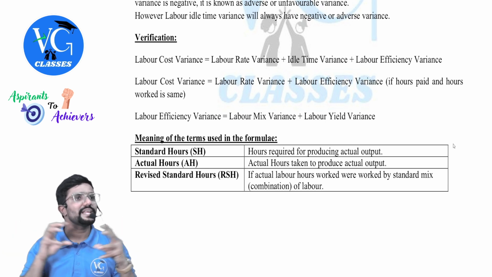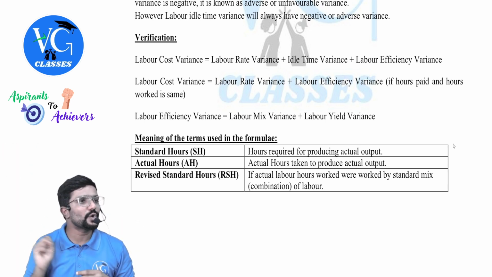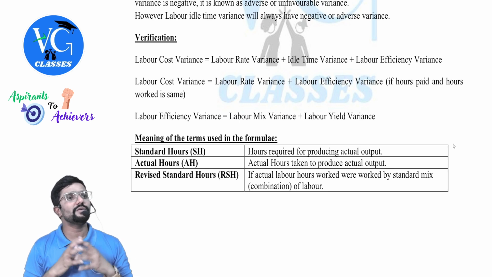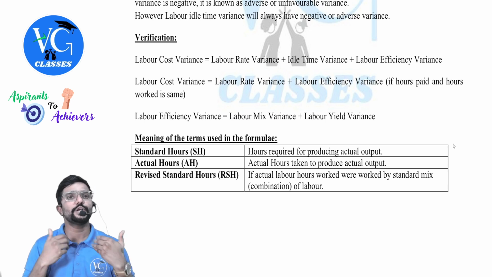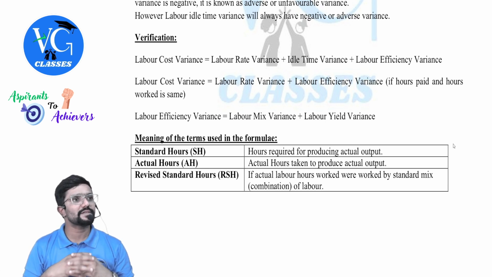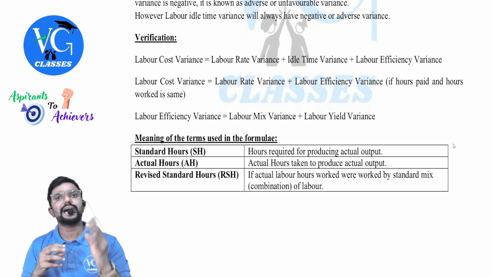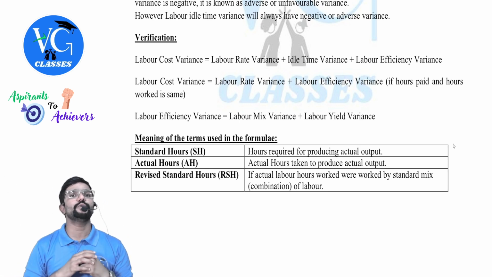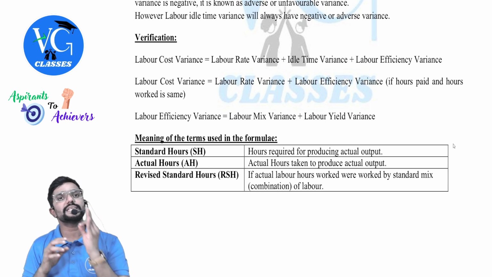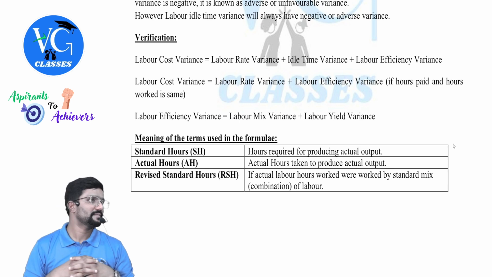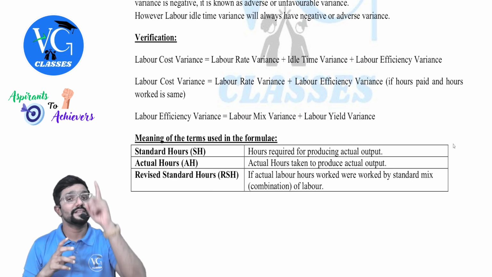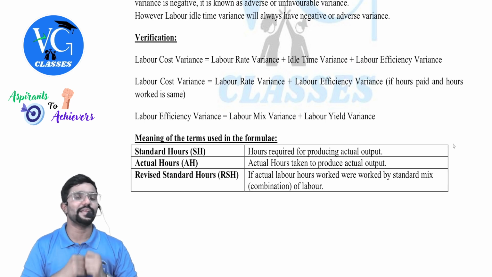In simple terms, take the total of actual hours worked and break it down into the standard hours ratio. Then coming to labor yield variance. What is the formula? Standard hours for actual output minus revised standard hours into standard rate.